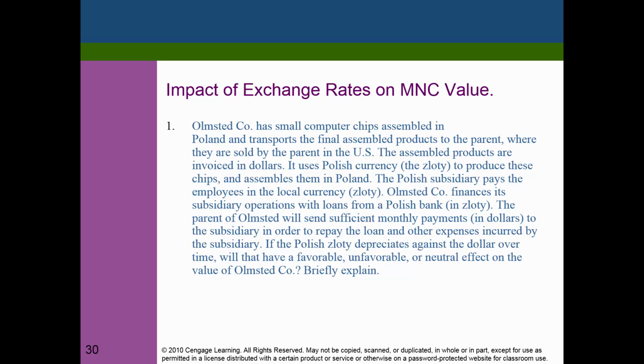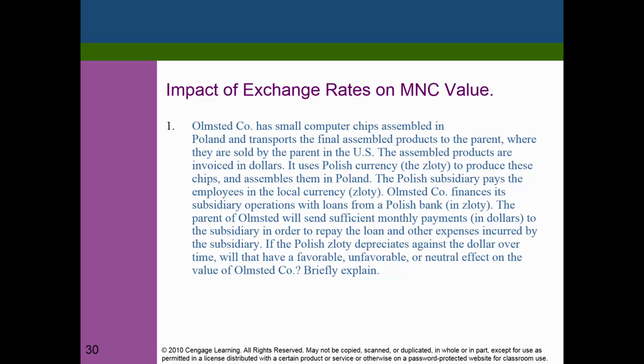Now if you look at the cost of goods sold, what we find is that there are the chips, the second is labor, and the third is the cost of financing. Okay, so if you look at the subsidiary operations, they are financed with loans from a Polish bank, so in local currency. Okay, so that is in foreign currency, and to repay the loan and other expenses, the parent company sends the money in dollars.